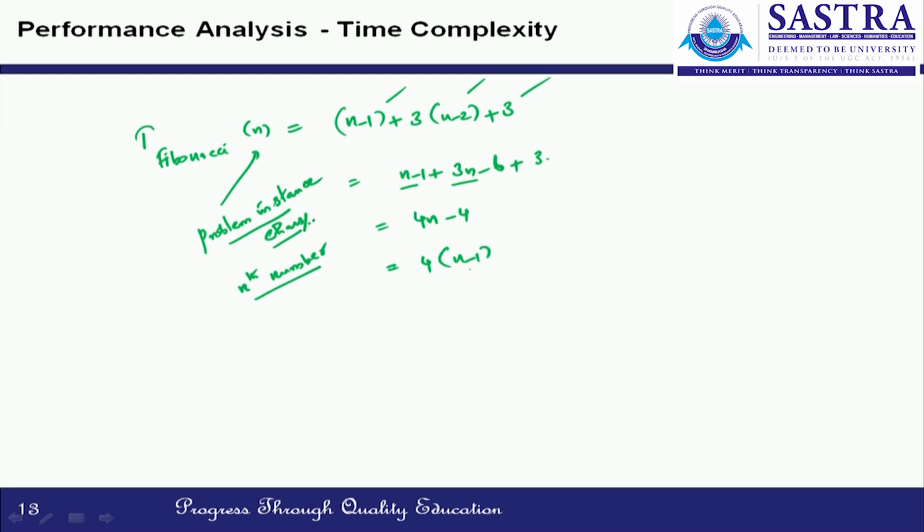This is 4 into n minus 1. Simplifying this, 4n minus 7 plus 3, 4n minus 4, so 4 into n minus 1.